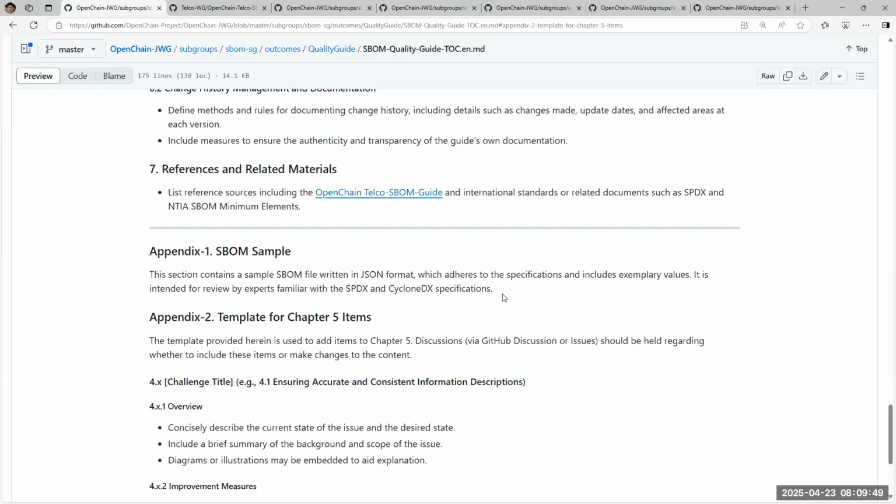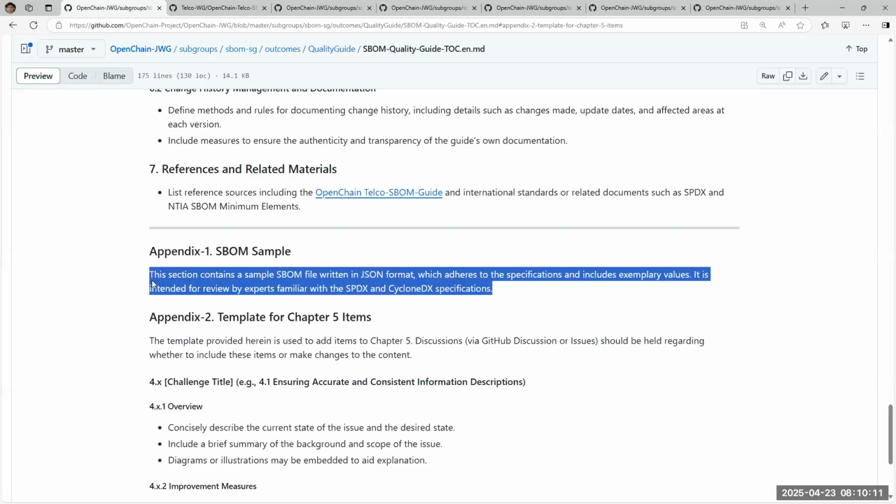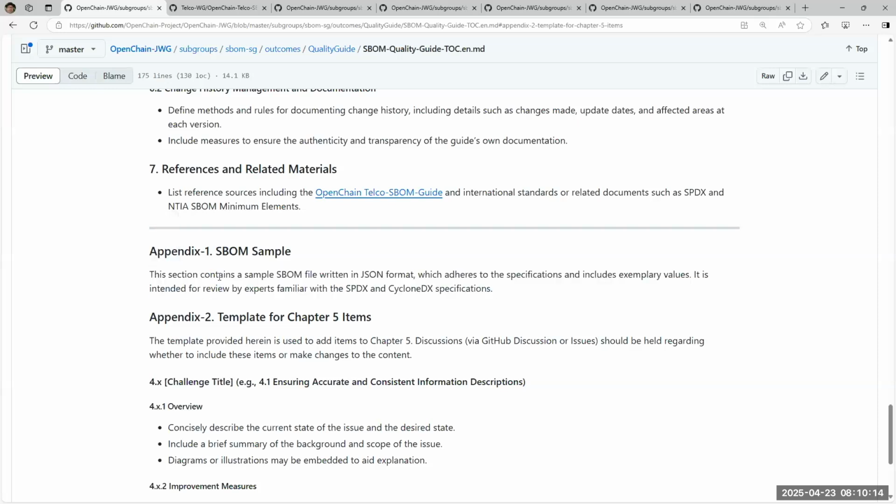Also, we can find some SPDX examples with SPDX version 2.3 or 2.2, but we can't find any examples written in SPDX version 3.0. So we will add some actual examples adopting regulations such as the NTIA minimum elements. We should write them in SPDX 3.0. We will share such examples in this chapter.